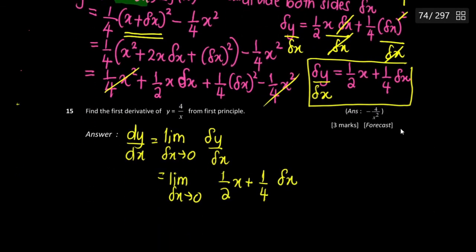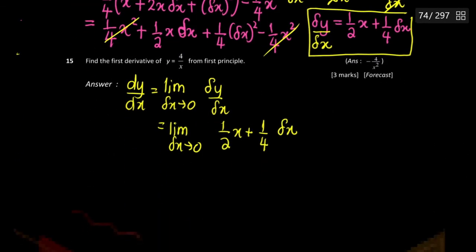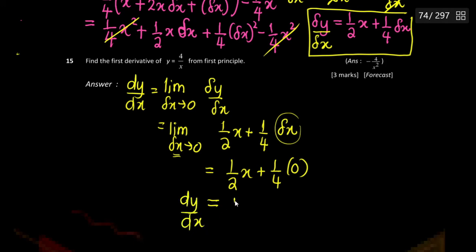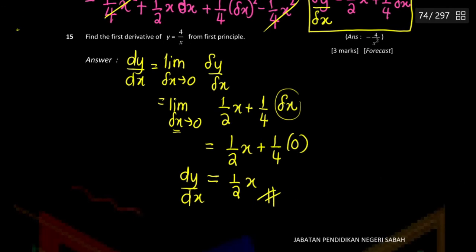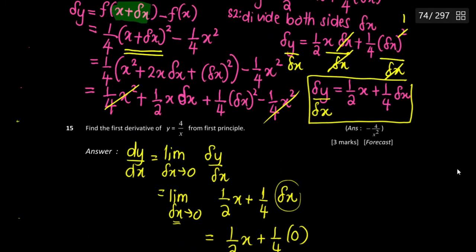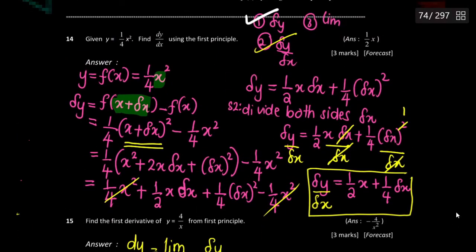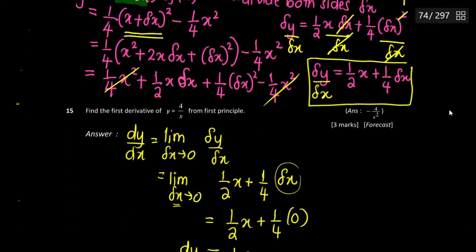Copy the whole thing. Now substitute the 0 where? Because this is for delta x, substitute for this part. So 1 over 2 x plus 1 over 4 times 0. So here becomes 0 already. So our dy/dx is 1 over 2 x. So we already got the final answer. There's only 3 steps and we have 3 marks. So the final answer is this.